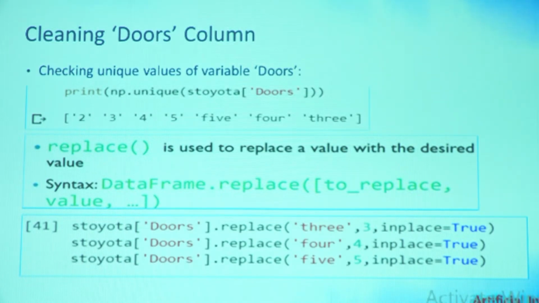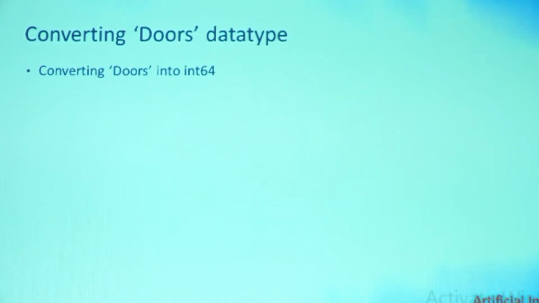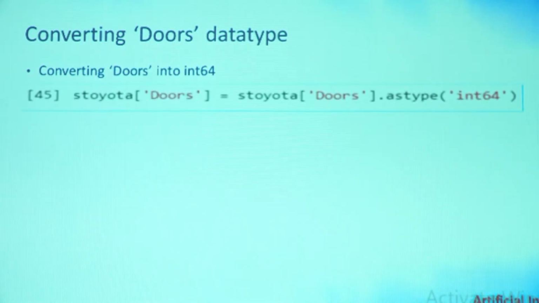Are you done with this? Can we move to the next one? Yeah. So after you have replaced it, it will not automatically change from object to int, guys. You have to typecast it by using astype. Please do that, everybody. Change the data type of the doors column to integer and then look at the info of the data frame again.